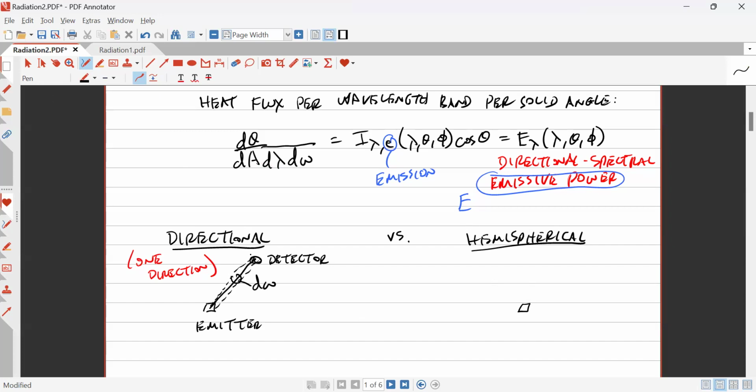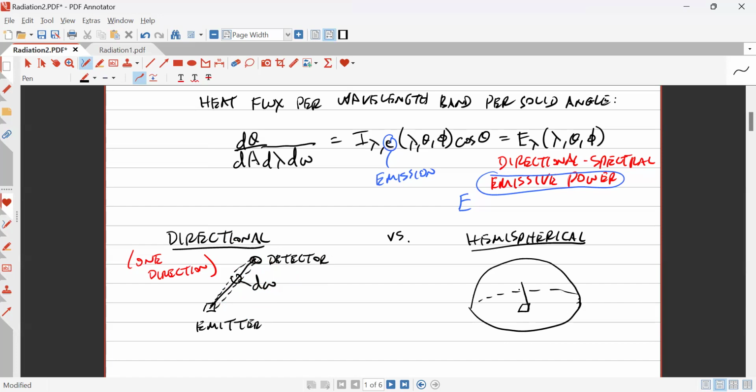So say, for example, if you have a little detector here, you're only detecting the emissive power, or again, the heat flux, leaving the emitter, going and hitting that detector, going in the direction of that one detector. It has no idea what the directional dependence of that emissive power is. However, hemispherical, imagine you have essentially a hemispherical detector that you just place over top of your surface.